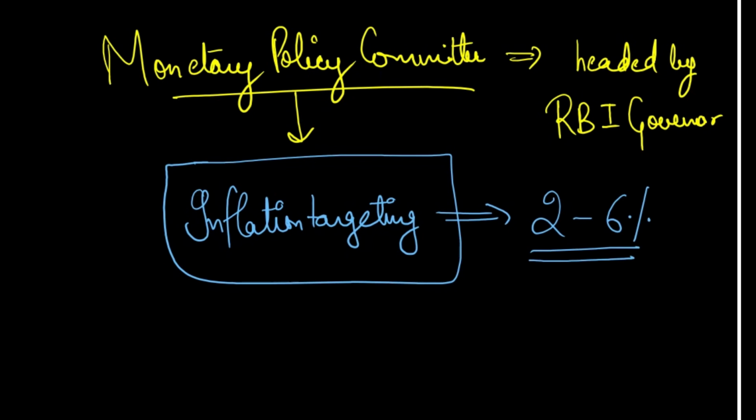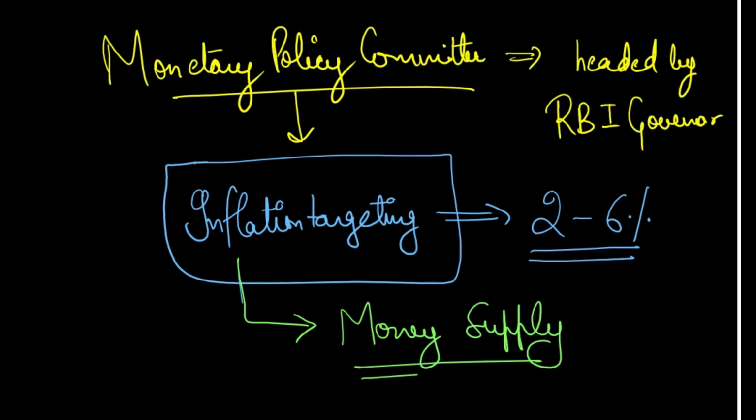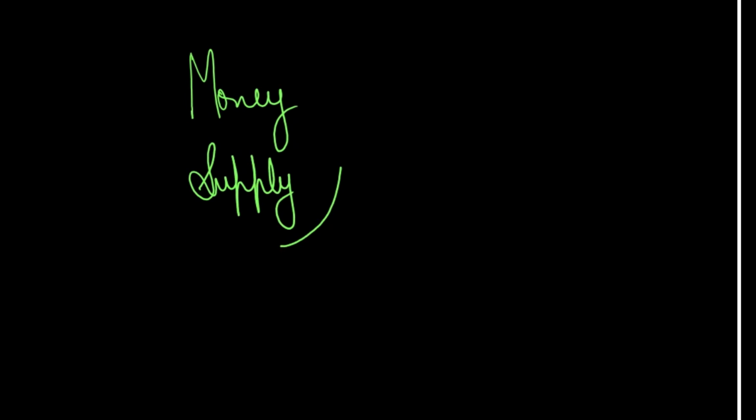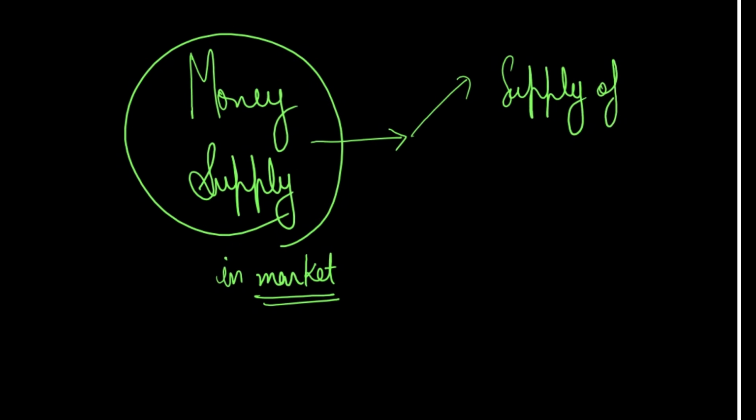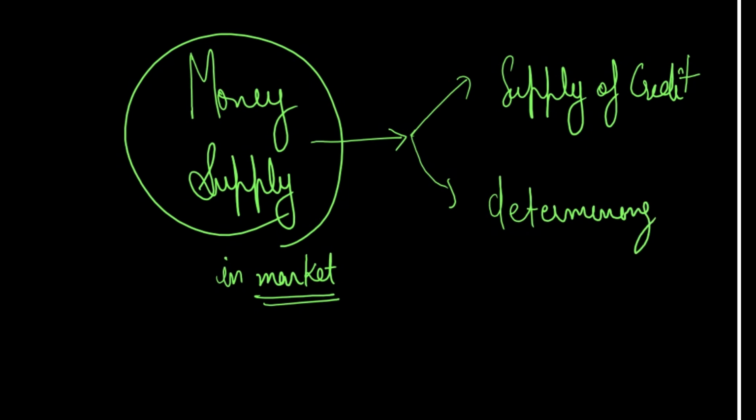It targets through controlling money supply. Money supply in market is controlled through supply of credit and through determining interest rates.